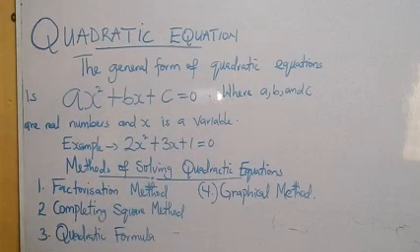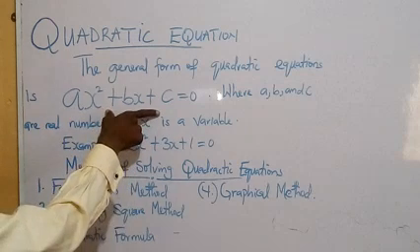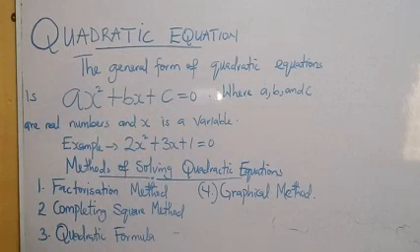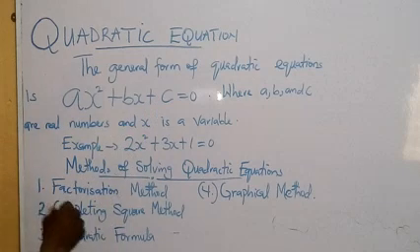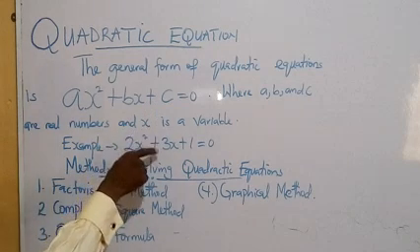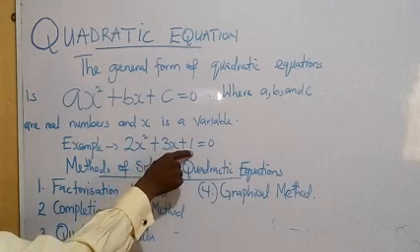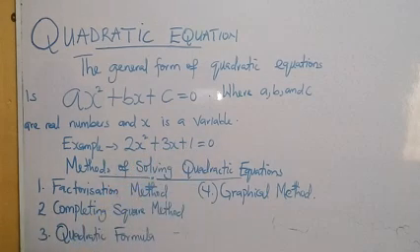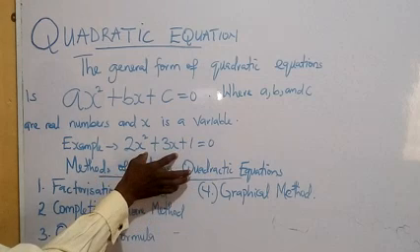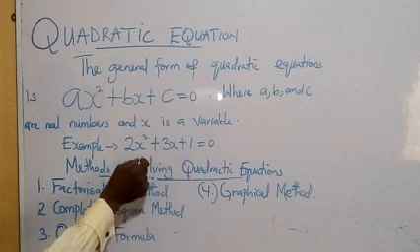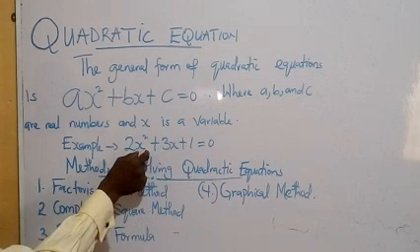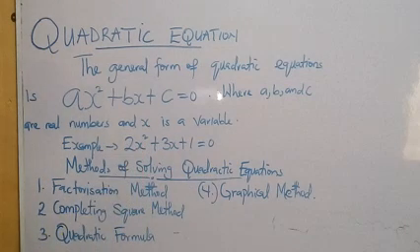It means that whenever you see an equation in this form, you are dealing with a quadratic equation. For example, 2x squared plus 3x plus 1 equals 0. This is a quadratic equation, where x has a power of 2.